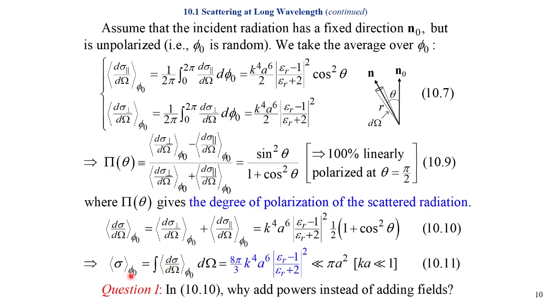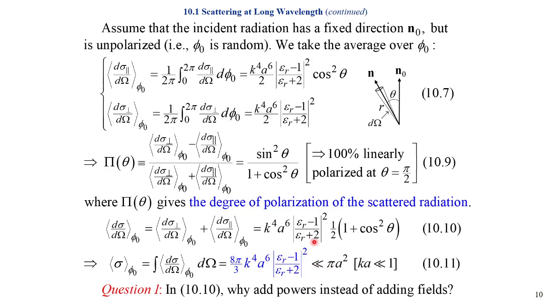The incident wave is in the z direction and phi 0 direction, but the observer can integrate over all the space, all the angles, theta direction and phi direction. So we got this one.